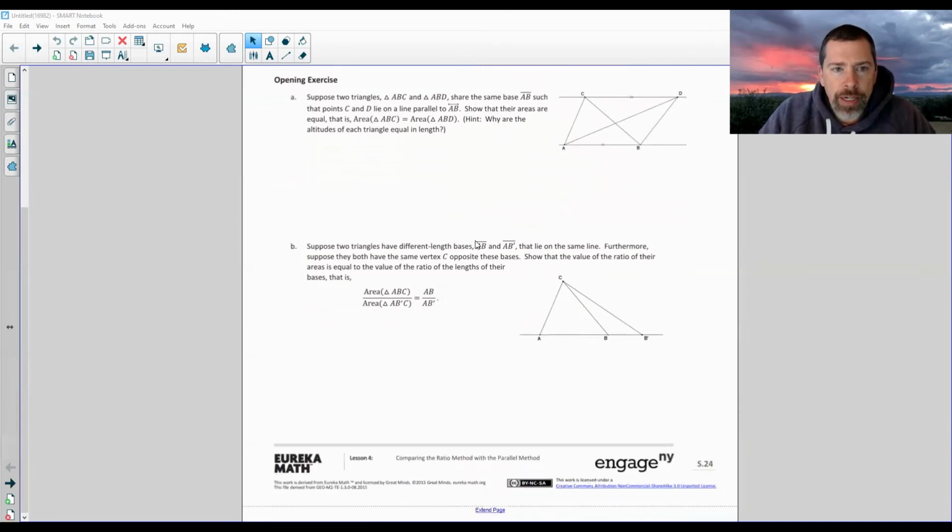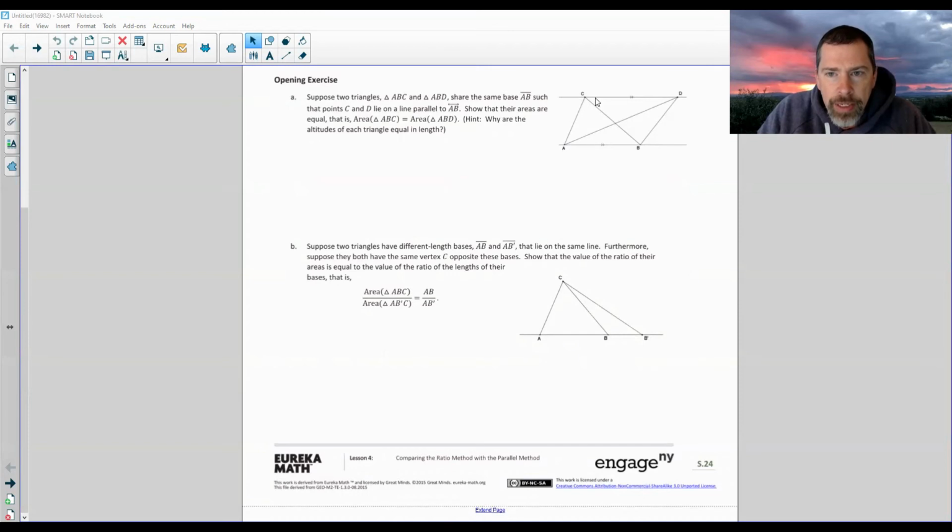So here's the opening exercise. Suppose two triangles, ABC, this one here, and triangle ABD, this obtuse triangle, share the same base AB, such that points C and D lie on a line parallel to AB.